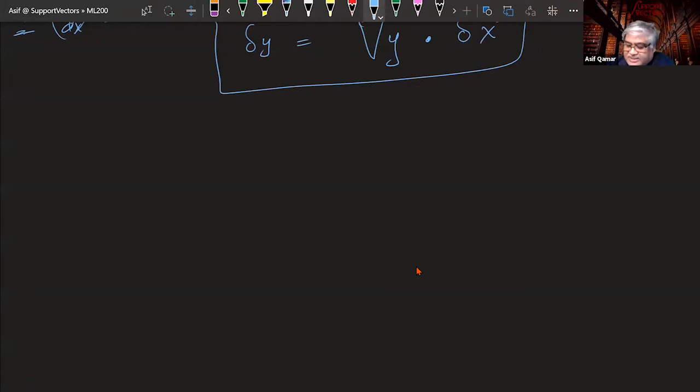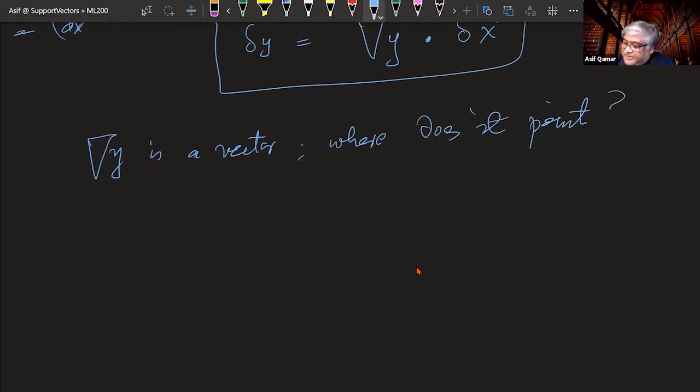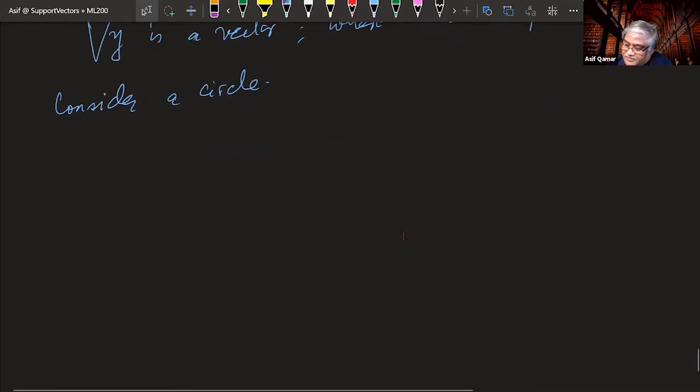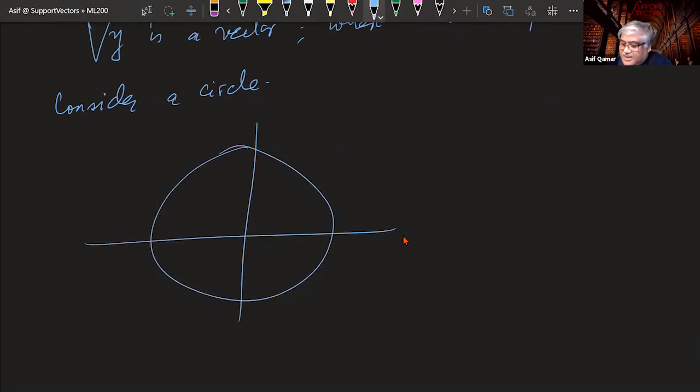If gradient is a vector, do you realize that gradient is a vector? Then where does it point? Vectors point in some direction, isn't it? So let us study that. Consider a circle. Let's take an arbitrary point.